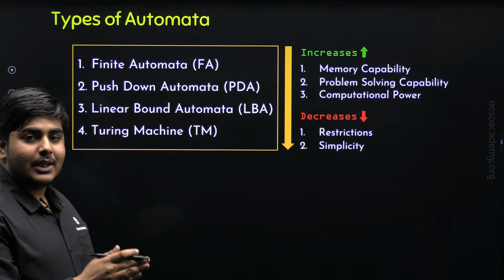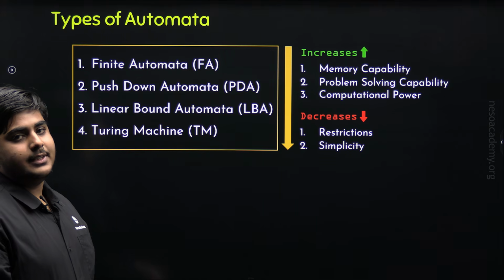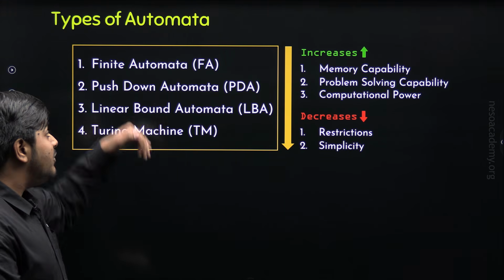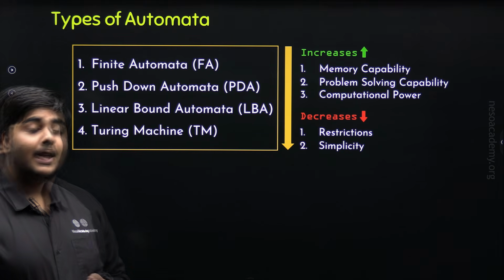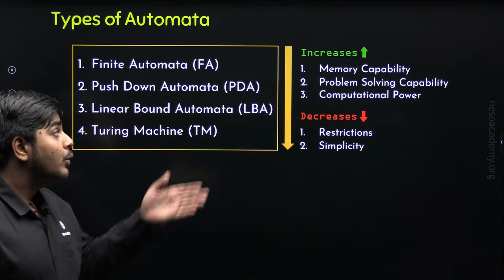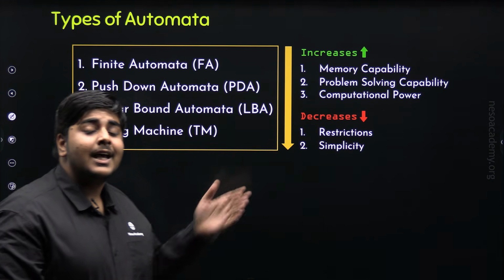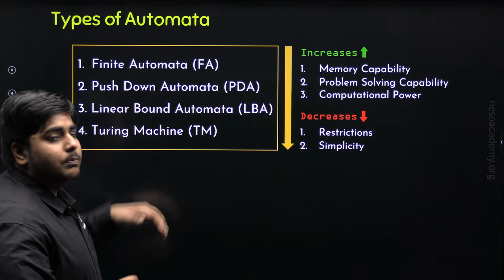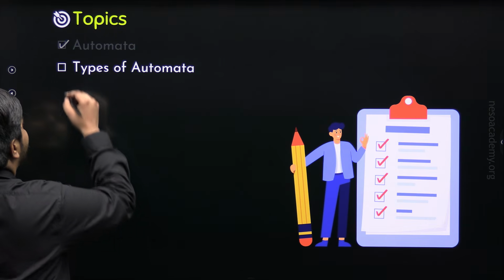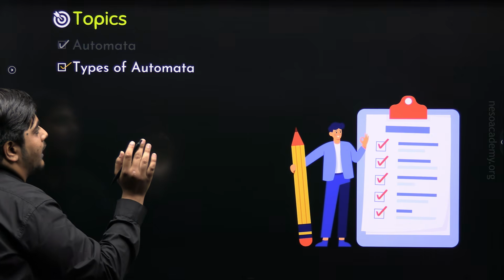It is complex to construct as well as to understand. So these were the properties that decreases when we move from top to bottom. And in this way, we have discussed all the properties of these automata which increases or decreases as we move from top to bottom. And in this way, we have completed our second topic, that is types of automata.